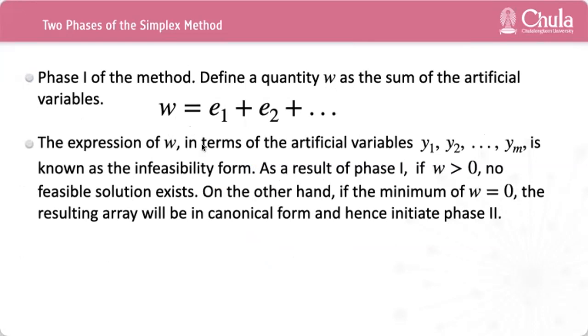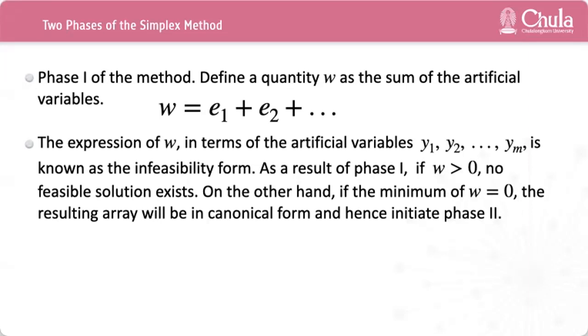And then the expression of W in terms of artificial variables, like Y1, Y2, is known as the infeasibility form. So for phase one, if W is greater than 0, no feasible solution exists. So we have to minimize W to be 0 first.